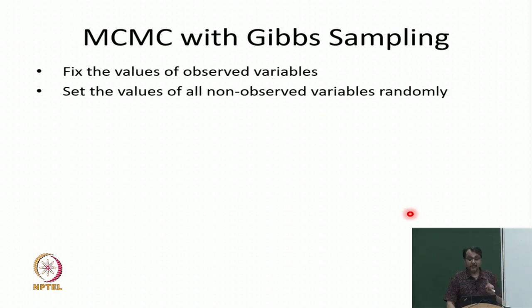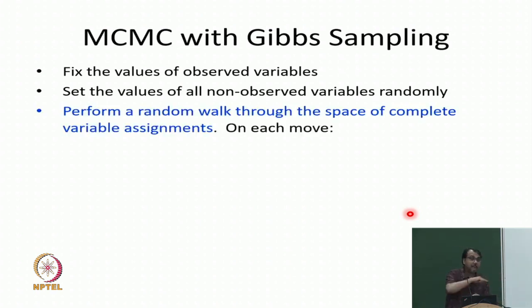Now, I am going to perform a random walk, a Markov chain random walk through the space of complete variable assignments, through the space of complete states. And in each move, I am going to pick a variable x, and I am going to sample that variable again. So, all the n minus 1 variables will remain the same.